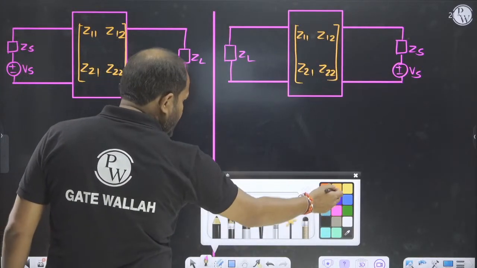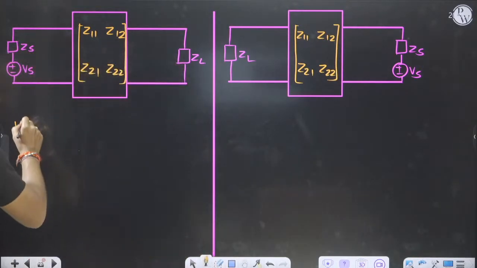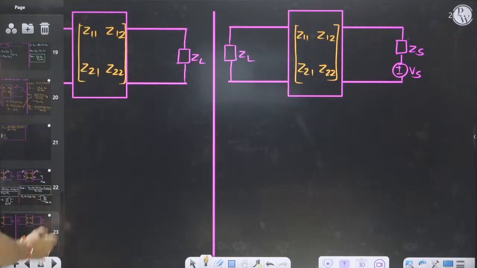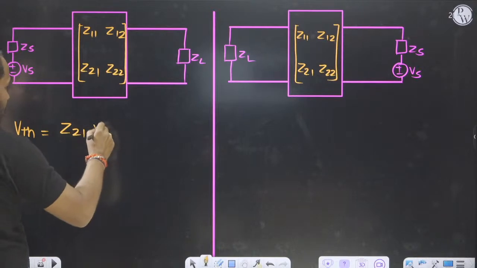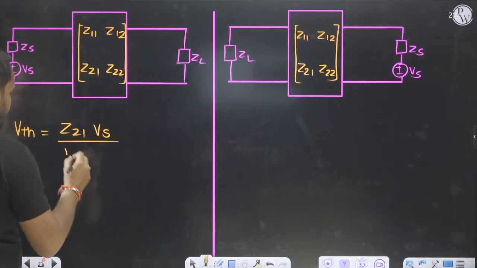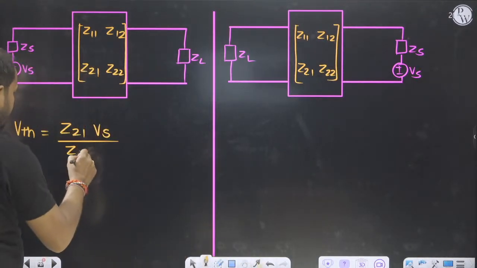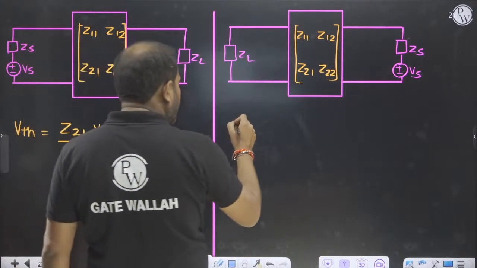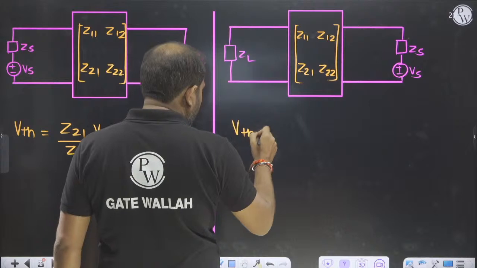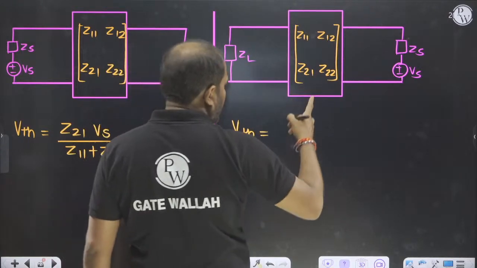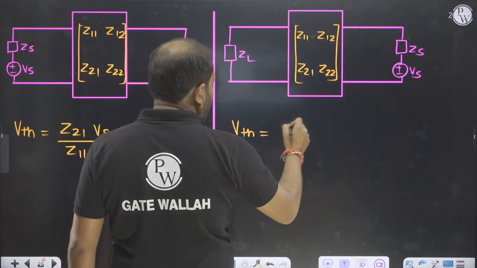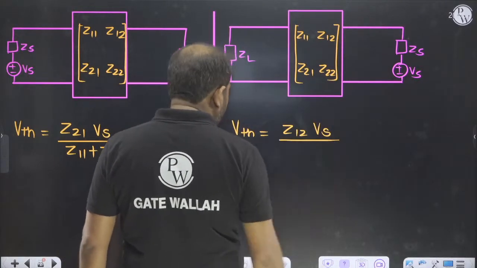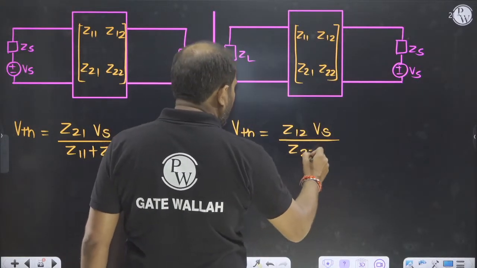For this case VTH is equal to Z21 into Vs divided by Z11 plus Zs. For this case, Vth is equal to Z12 Vs divided by Z22 plus Zs.